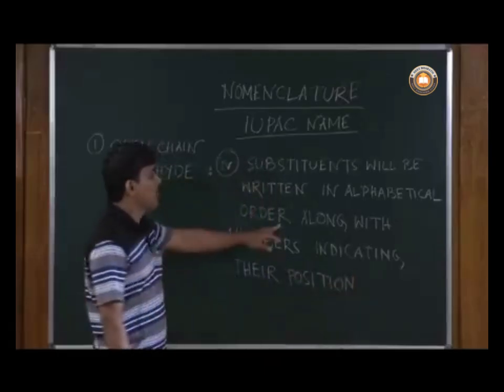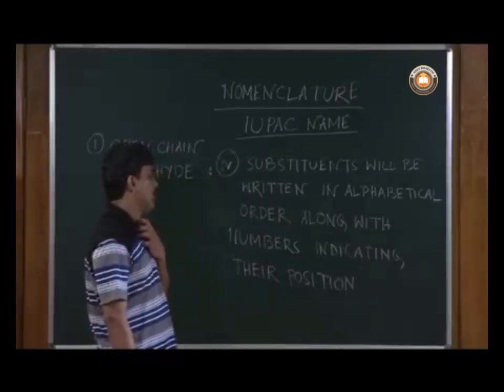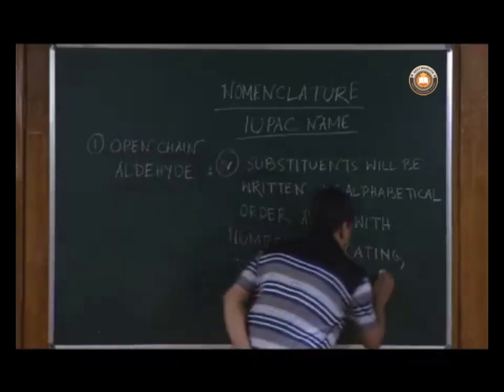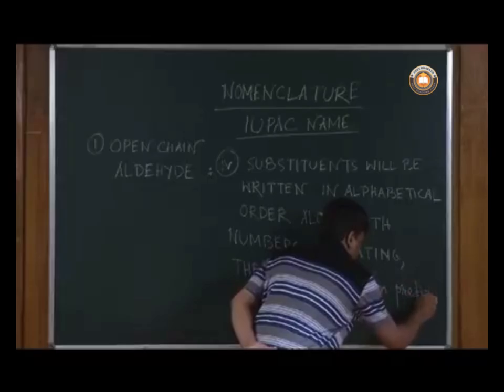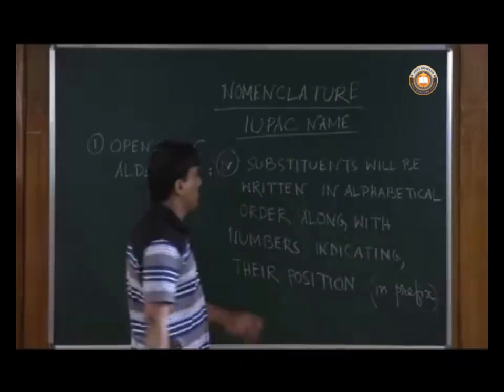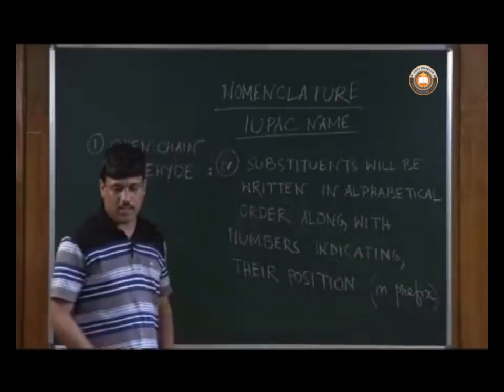So, here this 1, 2, 3 numbering will come, no alpha, beta, gamma, and these will be in prefix. The corresponding alkane name, before that you have to add these substituents. So, let us discuss some examples.